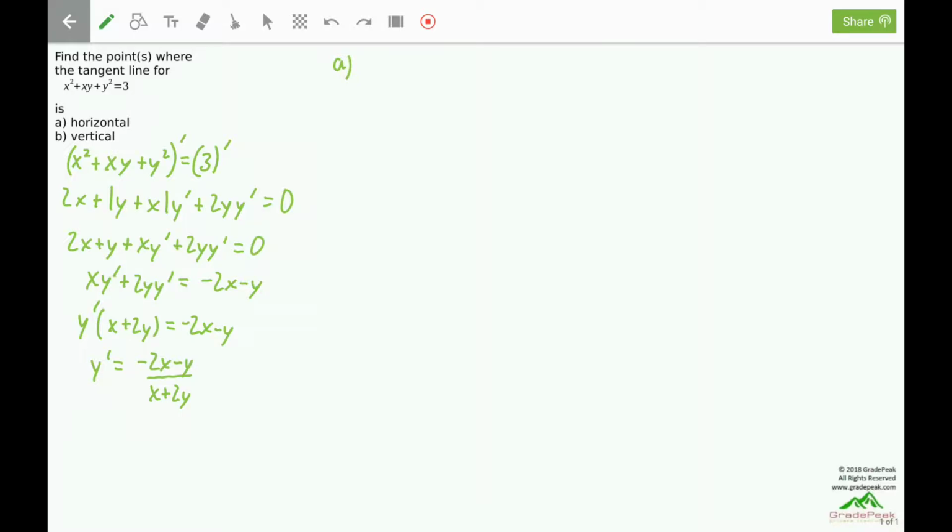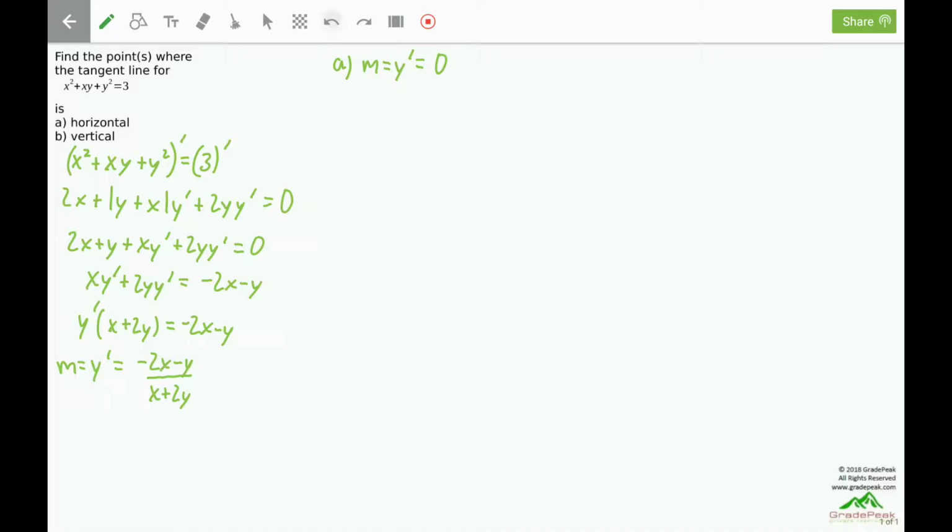For part A, we want to find where the tangent line is horizontal. A horizontal tangent line has a slope, or a derivative, that is equal to 0. Now down here we have our derivative, which is our slope. For this to equal 0, we need the numerator to equal 0.